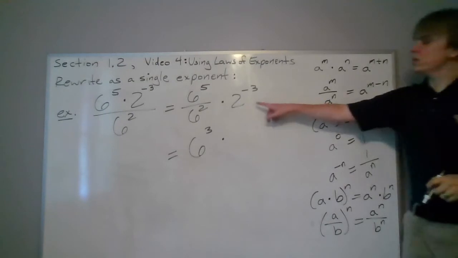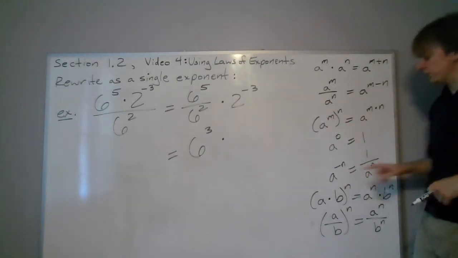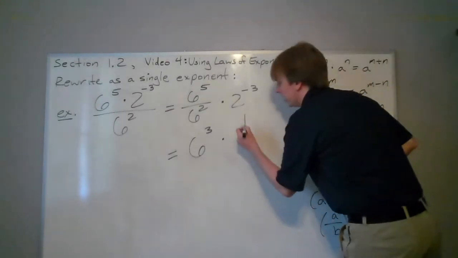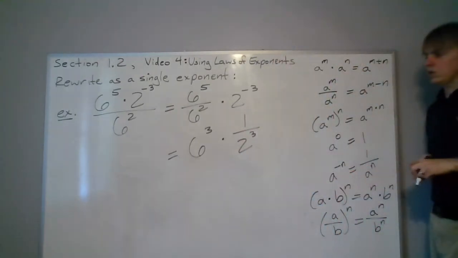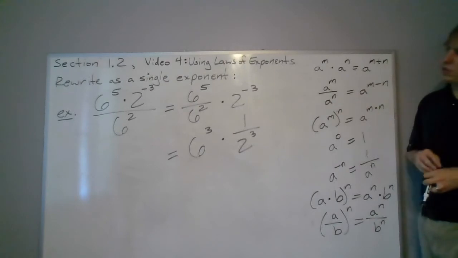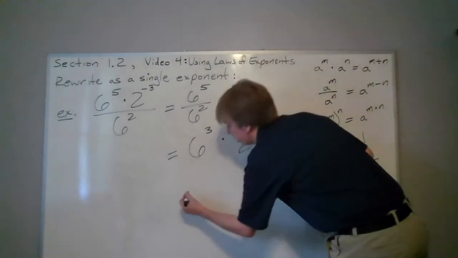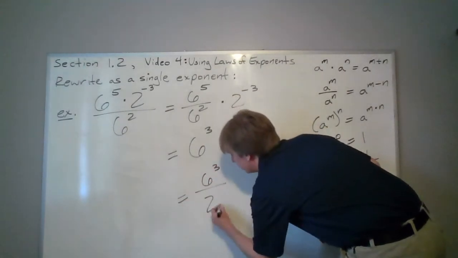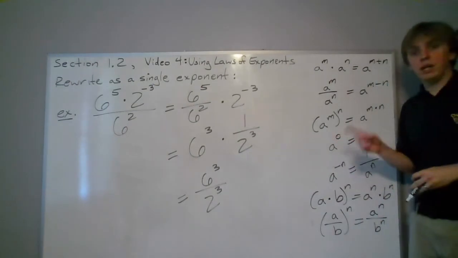And 2 to the negative third power, I can do something with that also. We have a negative exponent here. A negative exponent moves you to the denominator. So this would be 1 divided by 2 cubed. And so let me combine it to be a single fraction, because I think I have an idea of where we're going next. 6 cubed divided by 2 cubed, even though they don't have the same base, they do have the same exponent.